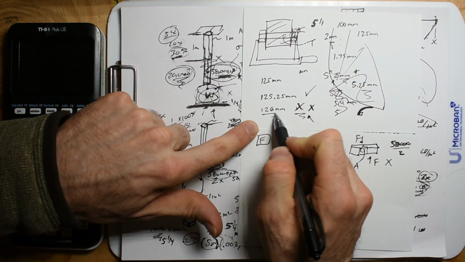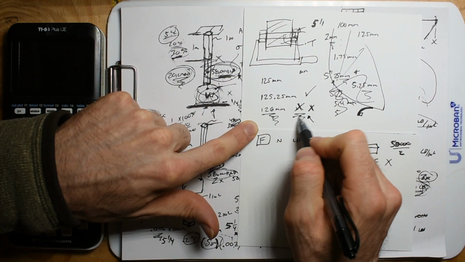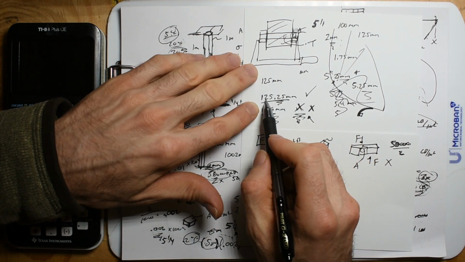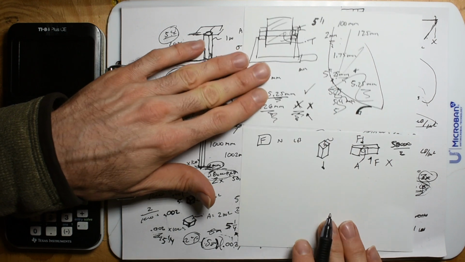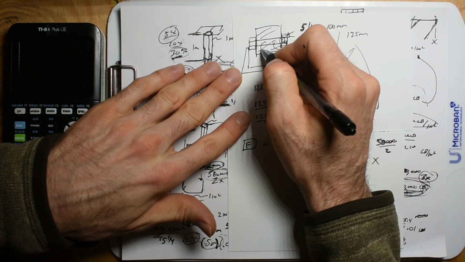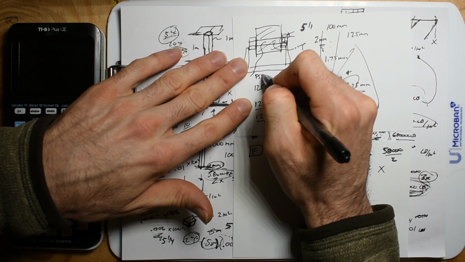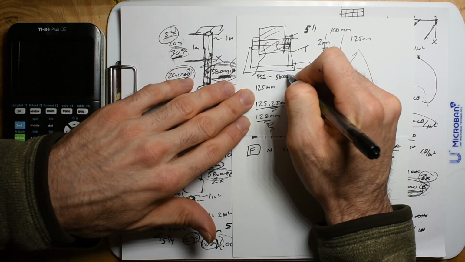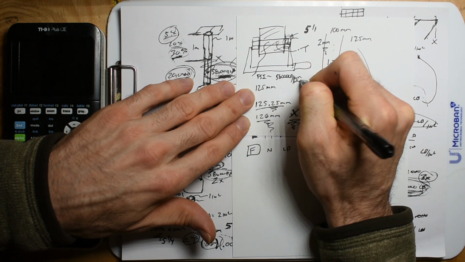If I measure this change in length at 126, well, maybe I went too far. If I measure this change in length of 125.25, and we're saying that's the elastic limit, well, guess what the PSI in this bolt is? It's 58,000 pounds per inch squared.